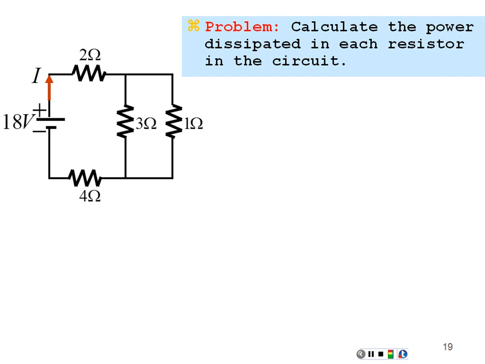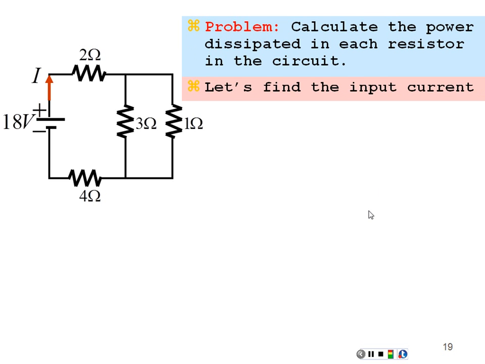To find the power dissipated in each resistor, we have to find either the voltage across the resistor or the current flowing through each resistor, so we can employ our power formulas. One power formula was I squared R, the other power formula was V squared divided by R. So we need to know the voltage or the current.